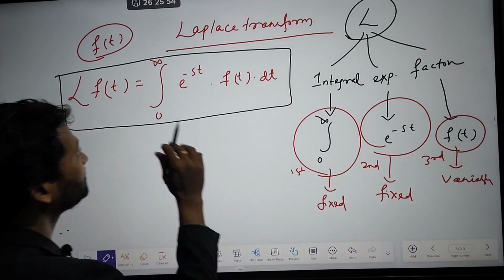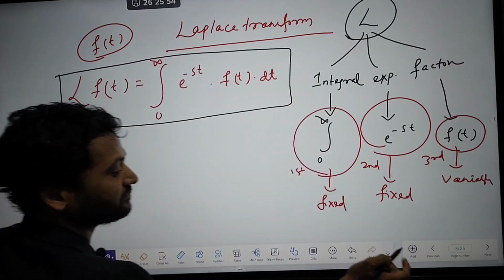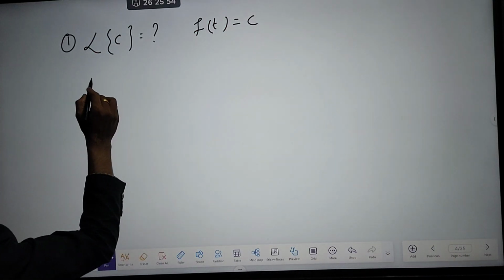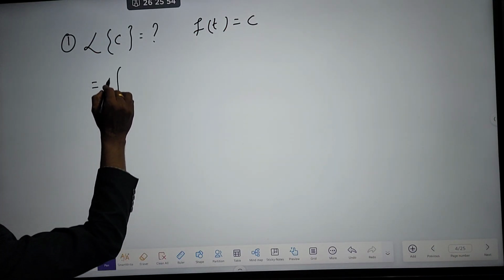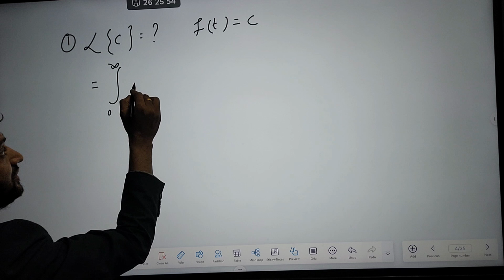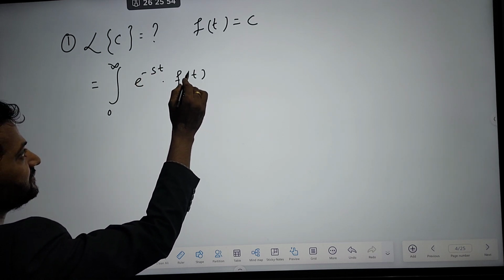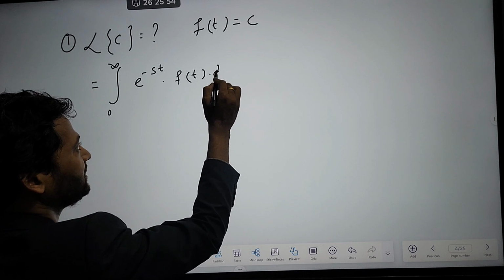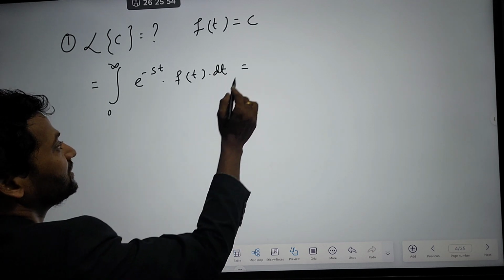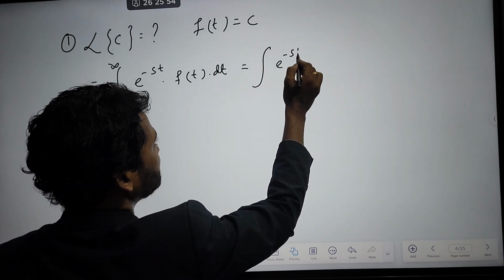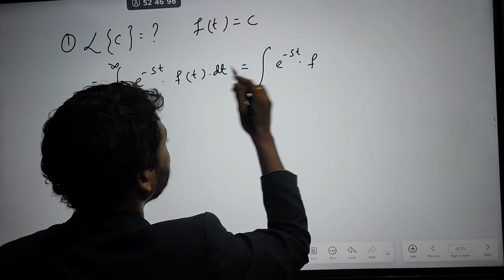First point is you need to represent in this form. First is integration from 0 to infinity. Second is e to the power minus st, which is fixed. Third is f of t, the factor, then dt.